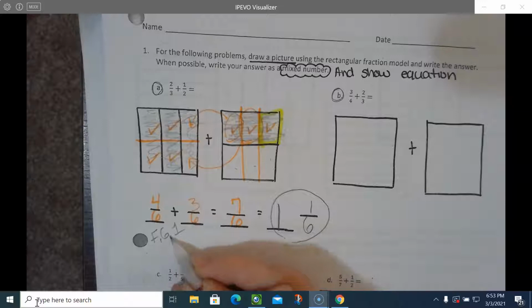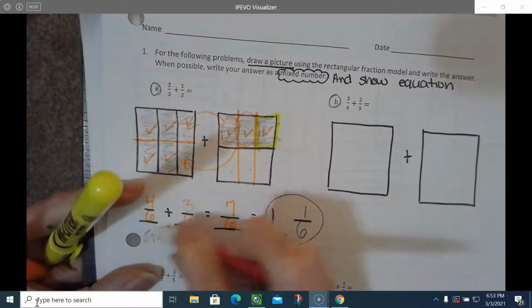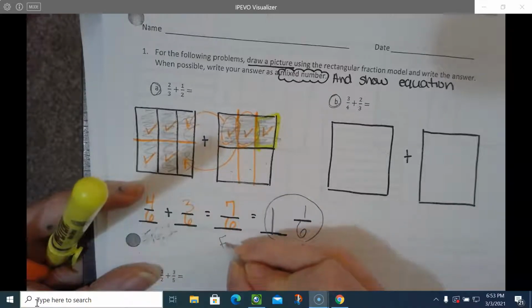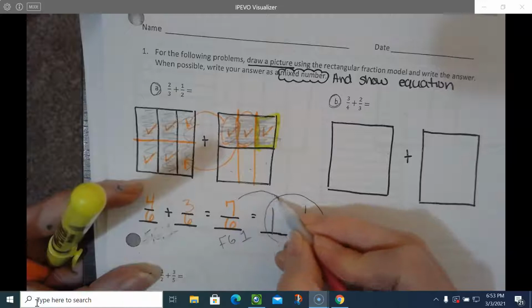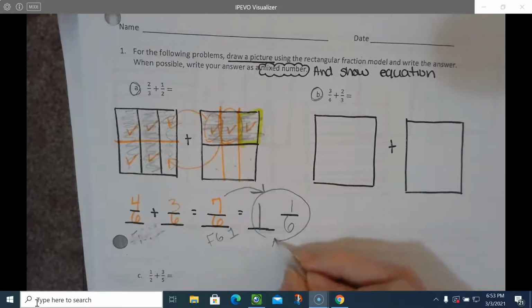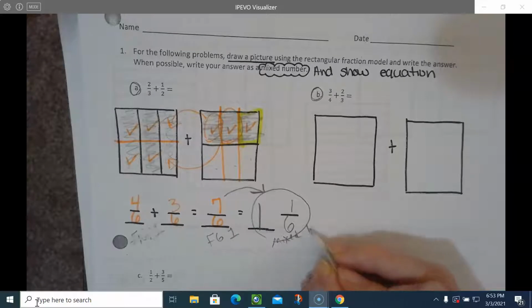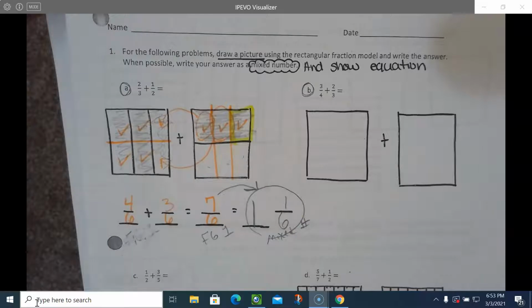I'm just going to use some abbreviations. And sorry, my fraction that's greater than 1 is right here. Fraction that is greater than 1. And that is equivalent, or I'm just renaming it using my mixed number. And a mixed number is taking that whole number and then that remaining part.